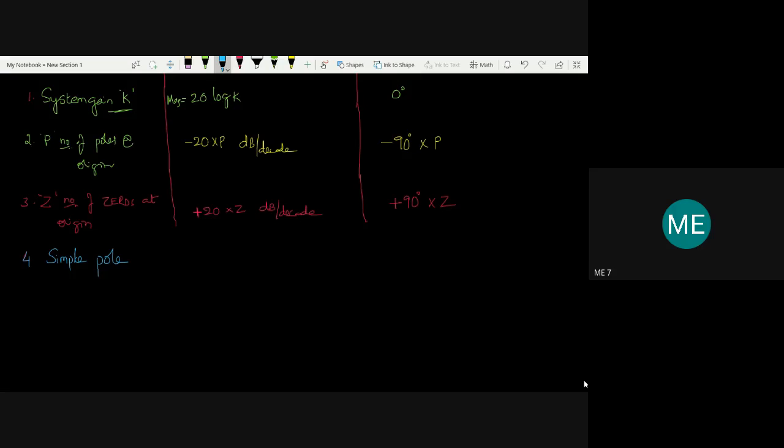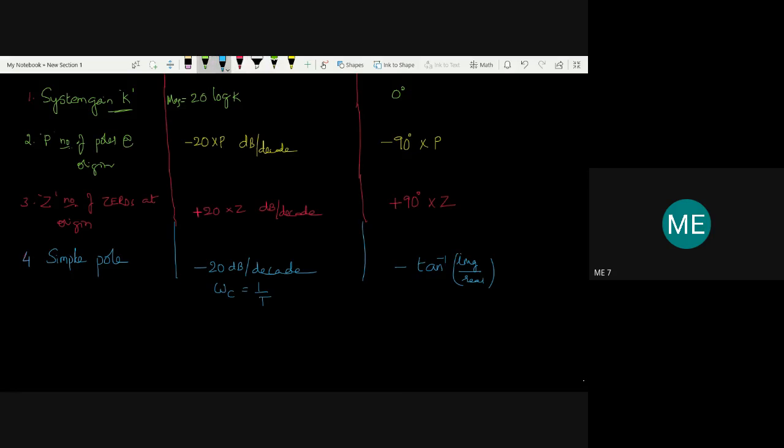Any simple pole contributes a line of slope minus 20 dB per decade, and the corner frequency is omega c equal to 1 by T. The phase angle is minus tan inverse of imaginary by real. Whatever it is, we get it in terms of omega T which we have taken, but here I straight away write minus tan inverse of imaginary by real.